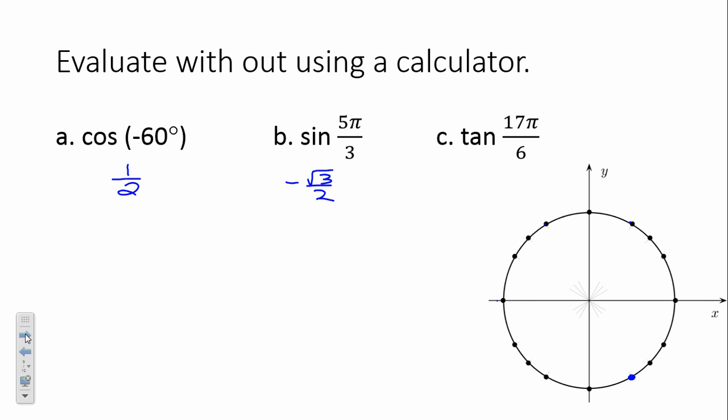17 pi over 6. Holy smokes. 12 pi over 6 is a full rotation, right? So we need 5 more pi over 6, don't we? So 5 pi over 6. Yep, 5 pi over 6 is going to be in quadrant 2, isn't it? It's going to be a 30-degree angle in quadrant 2.